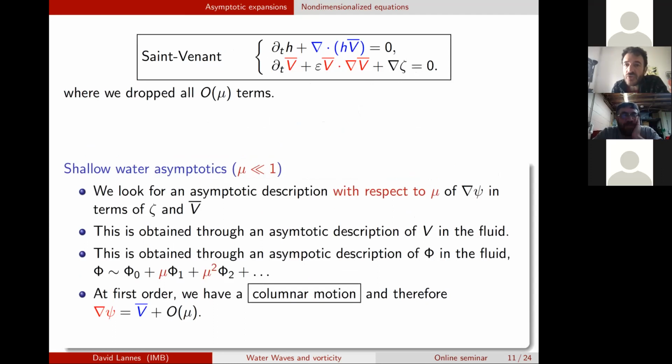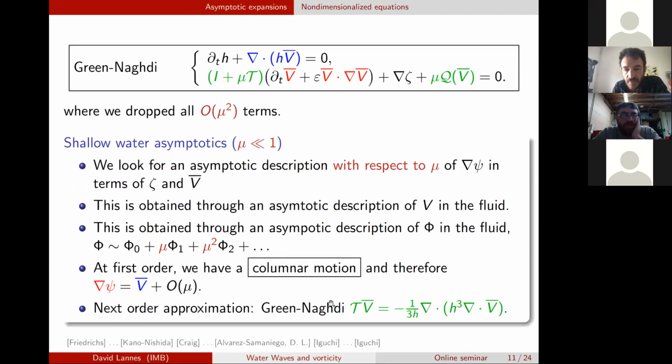And of course, you can define more precise models by going further into the asymptotics. If you keep the terms of order mu and you just neglect the terms of order mu squared, then you have a next order approximation: grad psi is equal to v bar plus T of v bar.